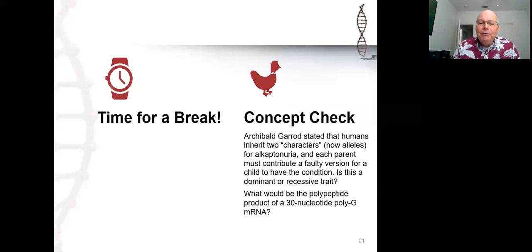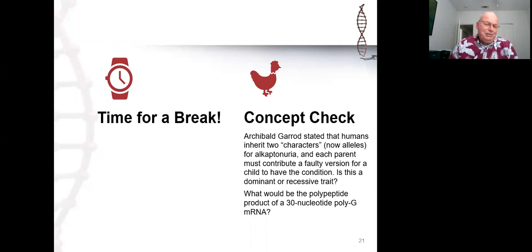So if both parents have to pass on a faulty version of the allele in order for a child to have the condition, that has to be a recessive trait, right? Because we know that means the individual that has the trait is going to be homozygous recessive under Mendel's principles.